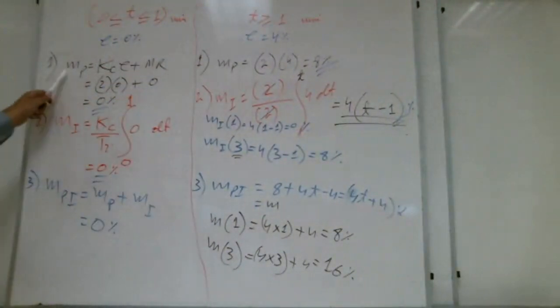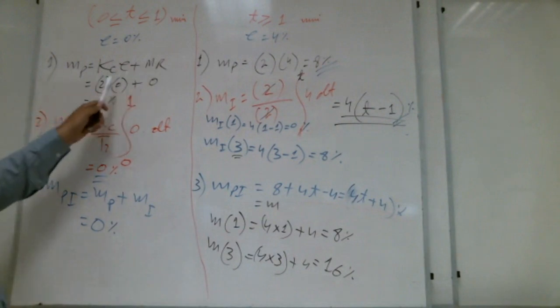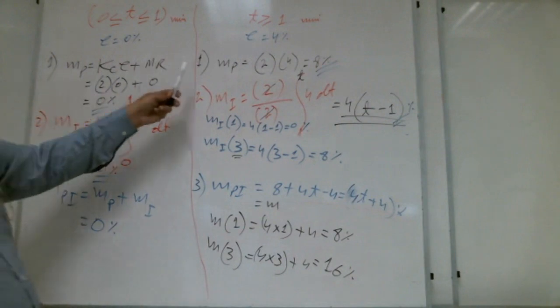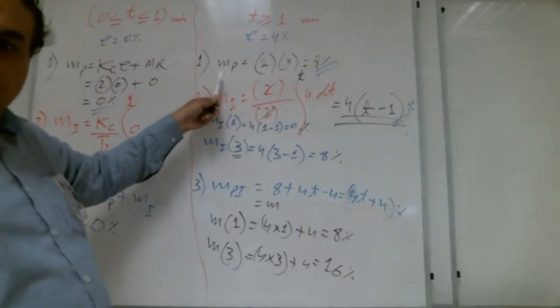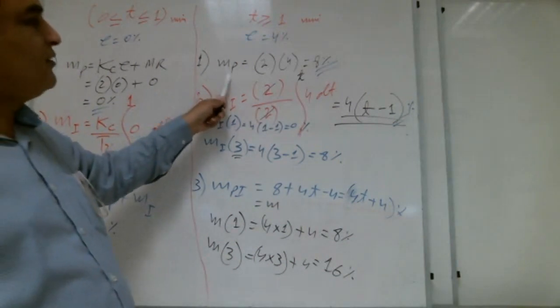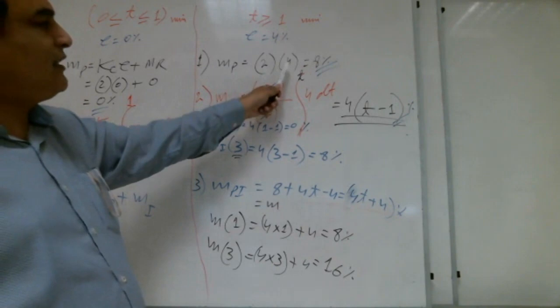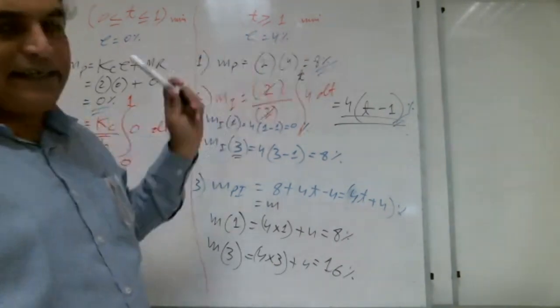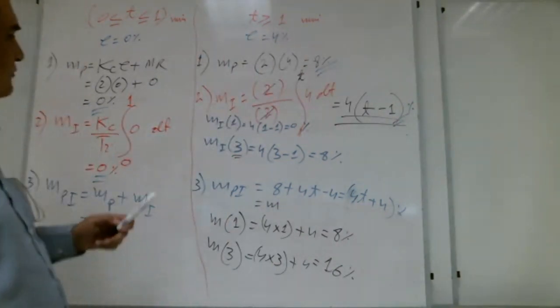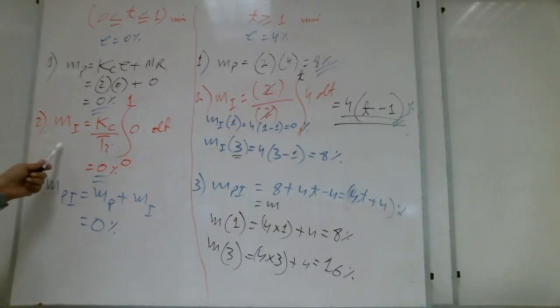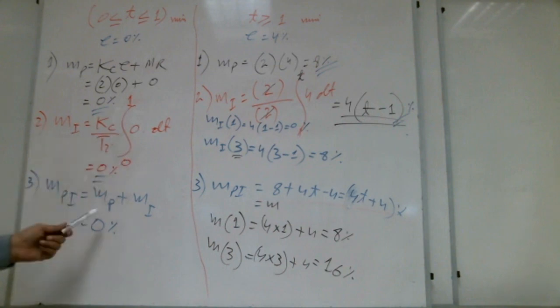So always the first step is the output due to proportional action. We put the formula, we put the values, and we get 0. Same here, output due to proportional action: we put the gain, the error, and MP is 8. Always the second step is the output due to integral action. We write the formula, the values, we get 0.